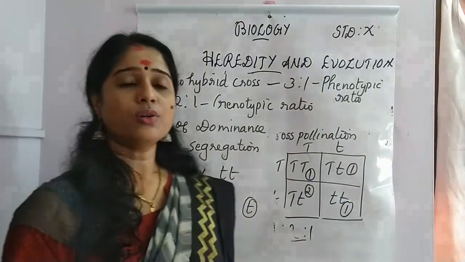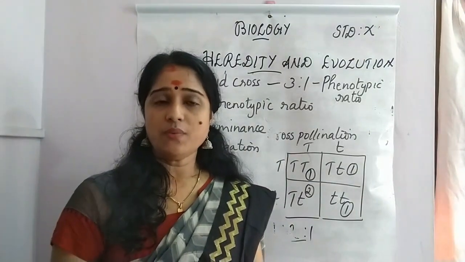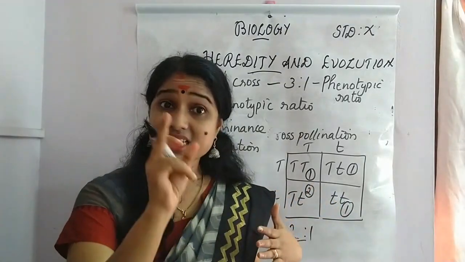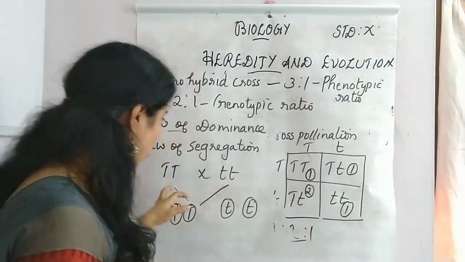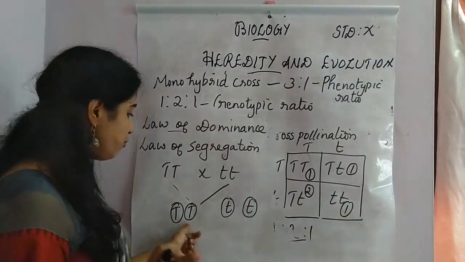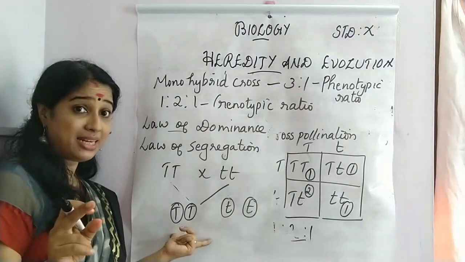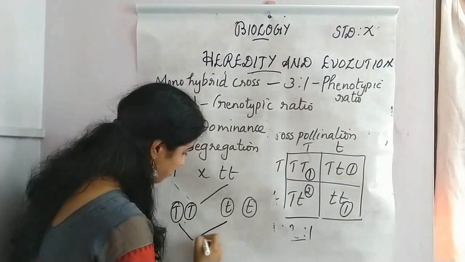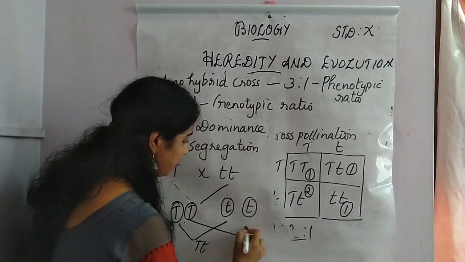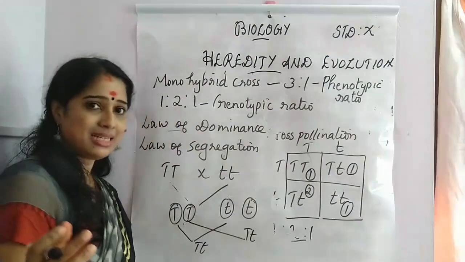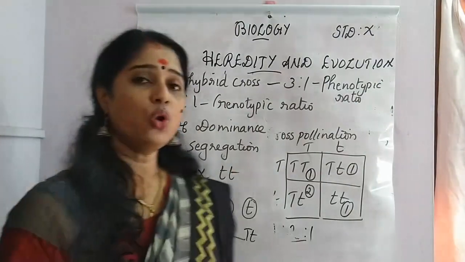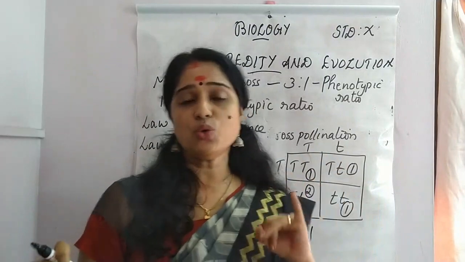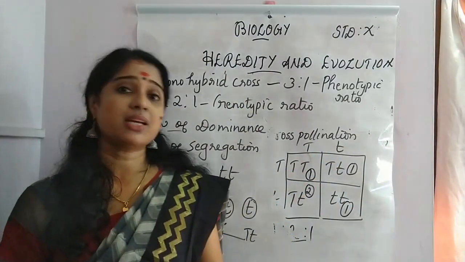Even though the genes remain together, at the time of gamete formation they separate, and this T can combine with this T, and likewise. So from this monohybrid cross, Mendel put forward two laws: the law of dominance and the law of segregation.